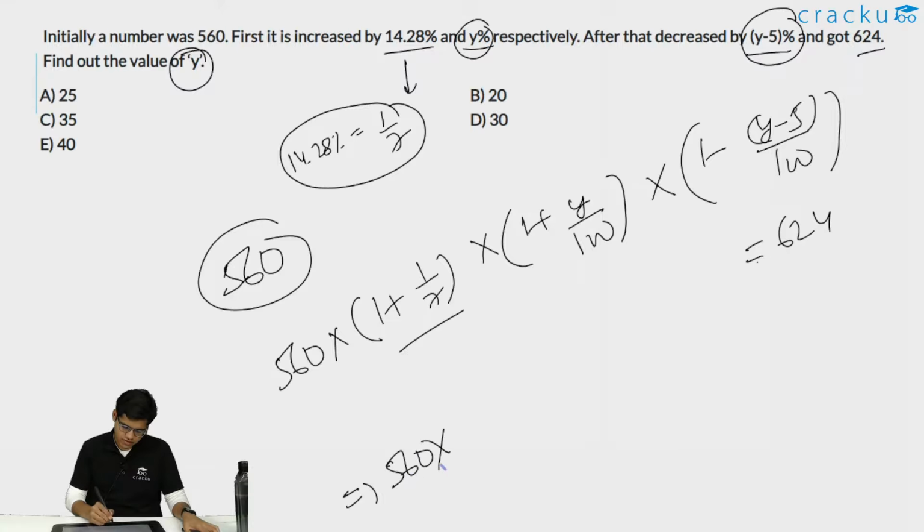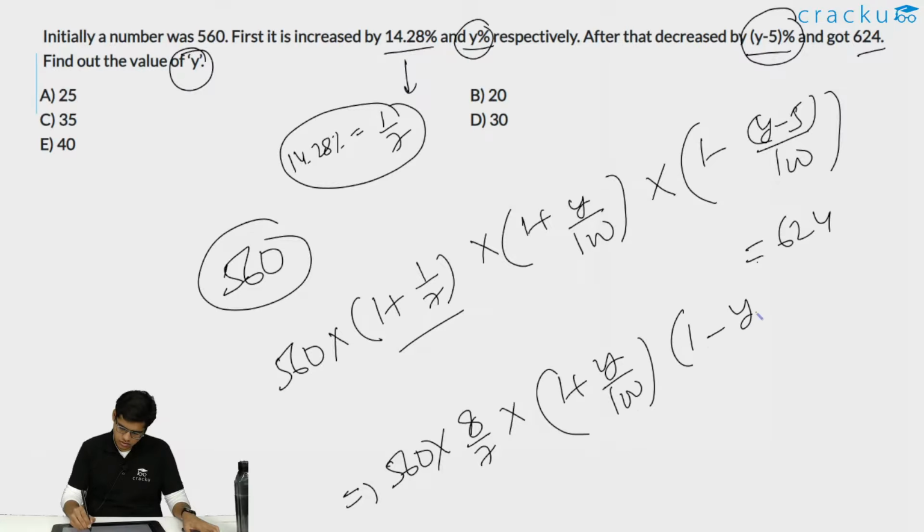So I can say 560 into 8 by 7 into 1 plus y by 100, into 1 minus y minus 5 by 100, equals 624. This I can cancel.